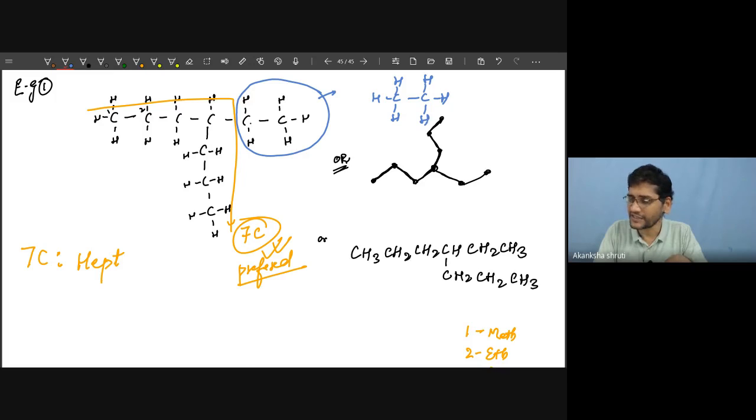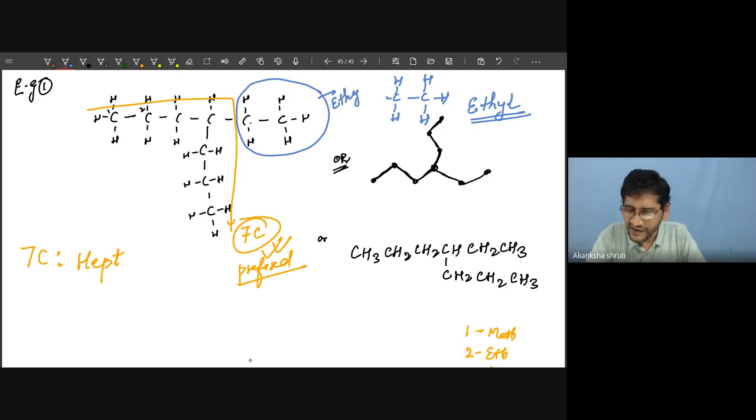But if we remove this hydrogen, then it forms a group, and that group is named, from eth, as ethyl. YL is added in place of ane. So this shall be considered as ethyl.